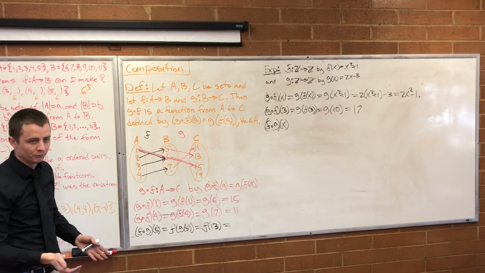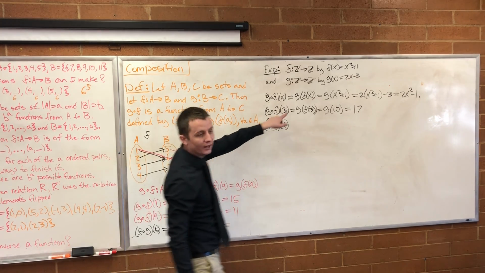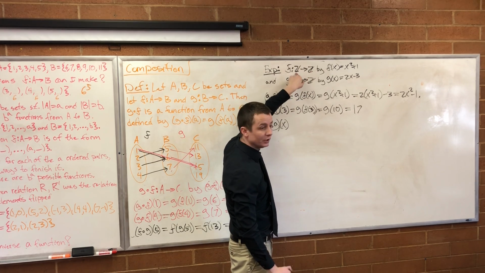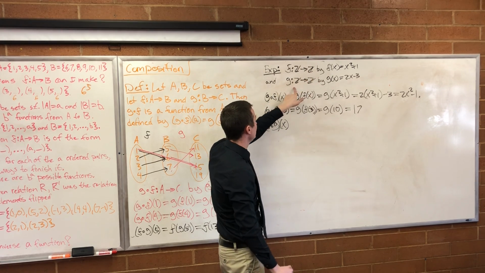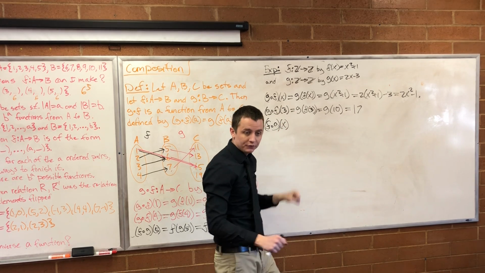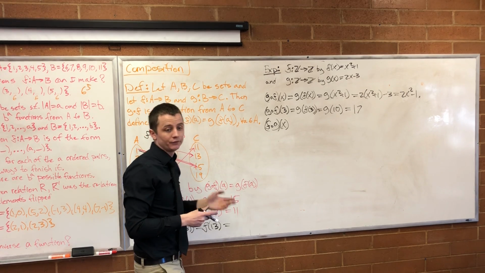Otherwise, you can't compose them. So that's why we can't switch directions here. Over here, we can switch directions, though, because f takes the integers to the integers, and g takes the integers to the integers. So you can do f composed with g or g composed with f, doesn't matter. They'll just give you different functions.